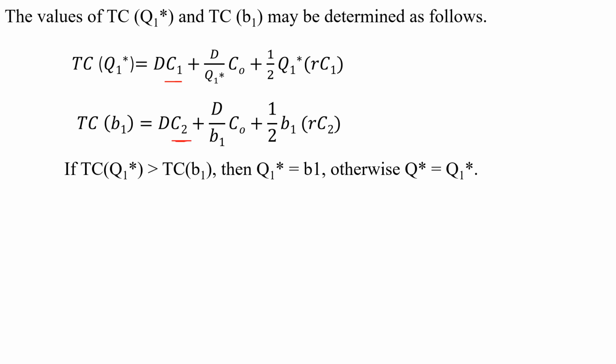The total cost at Q1 star is TC equals D C1, the purchasing cost, plus D by Q1 star into C0, the ordering cost, plus 1 by 2 Q1 star r C1, the carrying cost. Similarly, the total cost at B1 is D C2 plus D by B1 into C0 plus 1 by 2 B1 r C2. Before that, I have to calculate Q1 star.